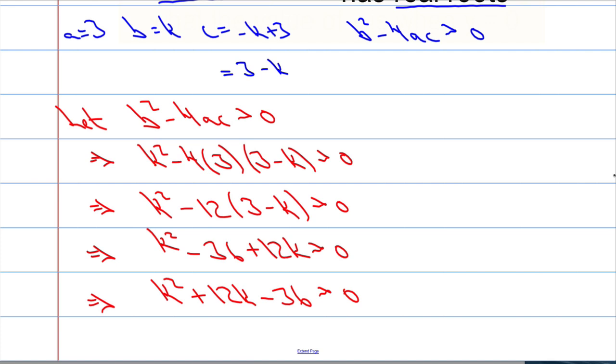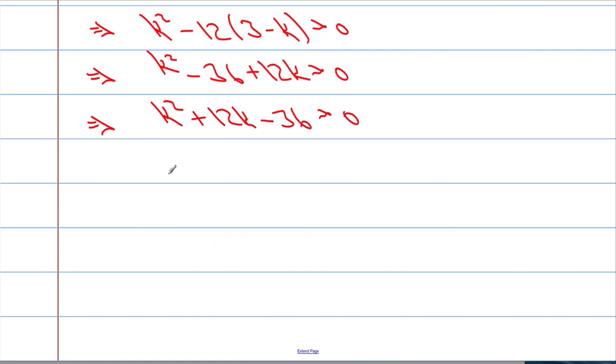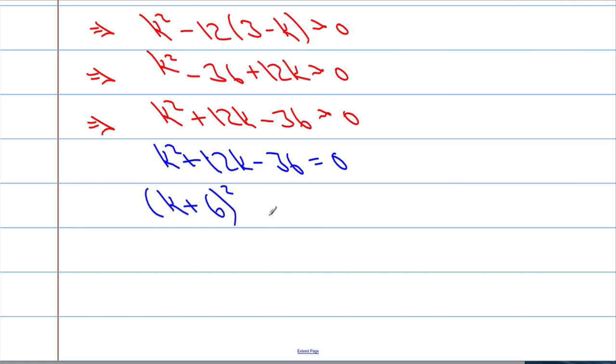Okay, now let's consider it equal to 0. So k squared plus 12k subtract 36 equal to 0. Now a little bit of thought, I realised that I can't factorise this a traditional way. You might use a quadratic formula. I'm going to complete the square. So k plus half the coefficient in here, which is 6, stick the squared symbol outside.